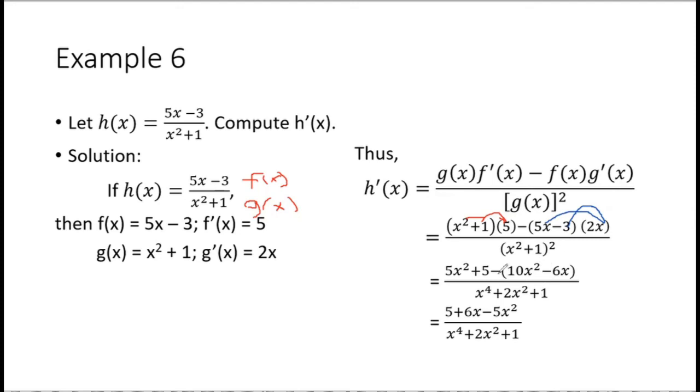Okay, so, yung similar pagsamahin natin, gaya na 5x squared and 10x squared, at yung 6x wala rin naman. So, bring down na natin 5 plus 6x minus 5x squared minus 10x squared is negative 5x squared all over x to the 4 plus 2x squared plus 1. And that's it.